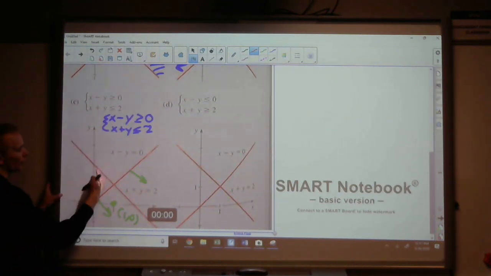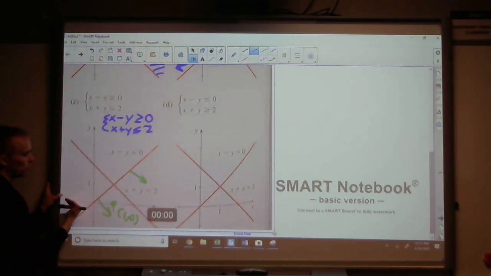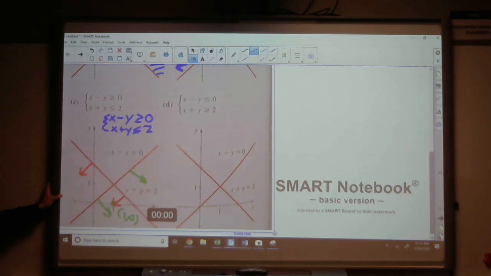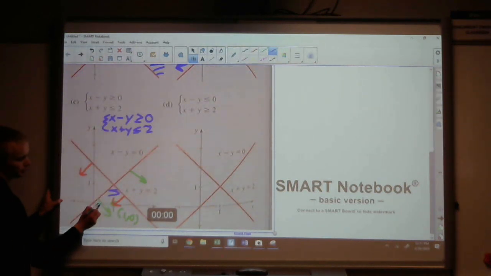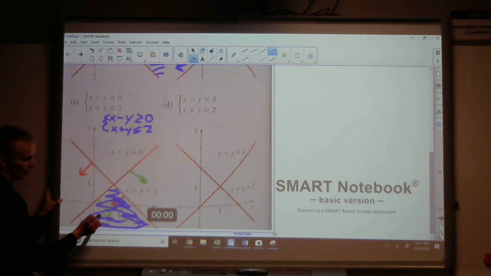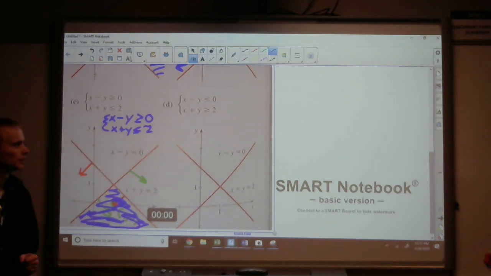So I know for this line here, I'm going to have all the points below this line. And so then we just have to think about, where do both of them happen? Well, it's in this corner right here. We actually picked a point where they both worked originally, so it would be that quarter of it.